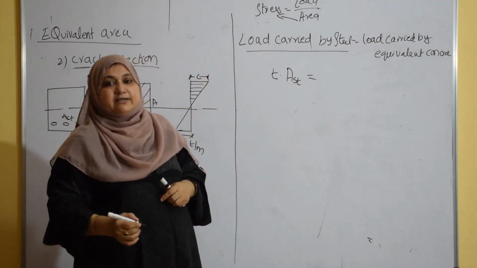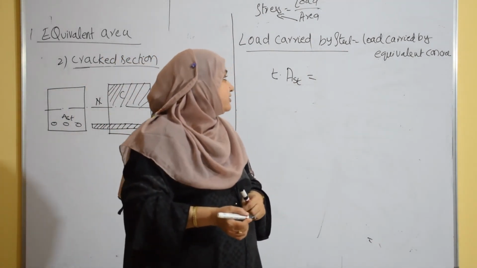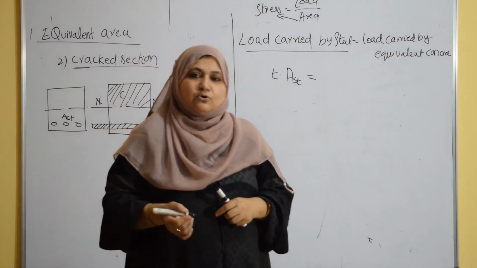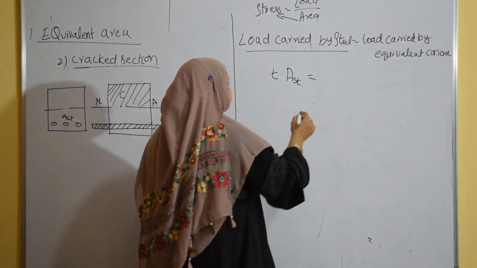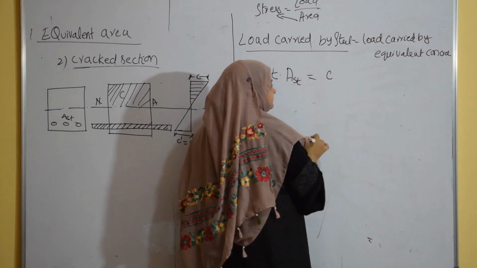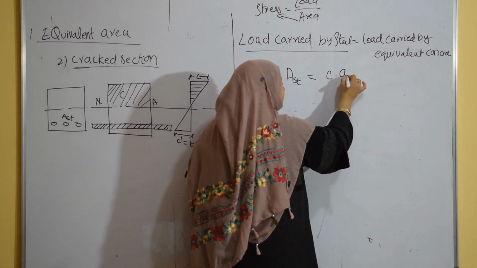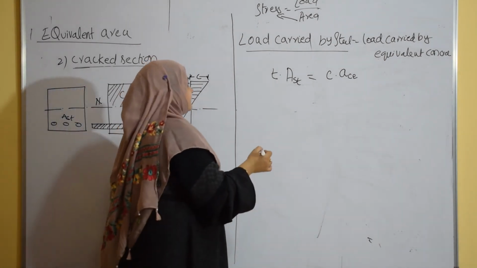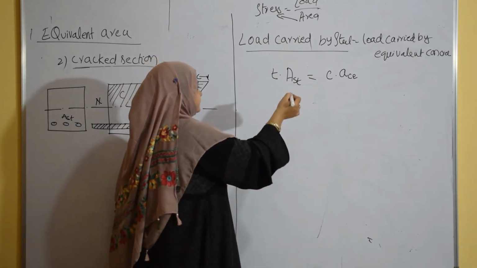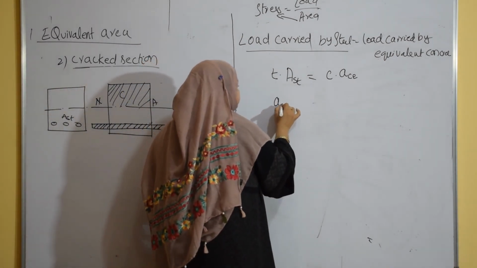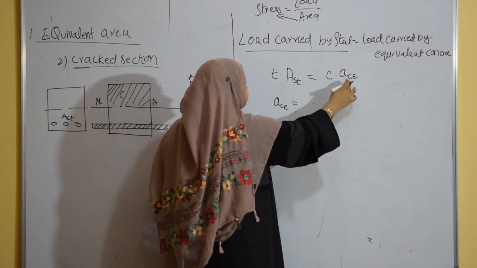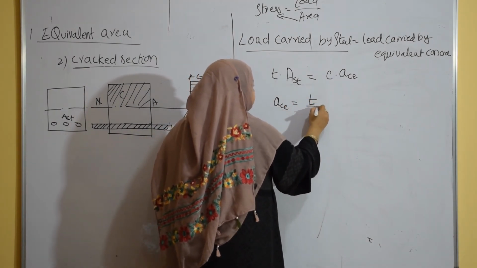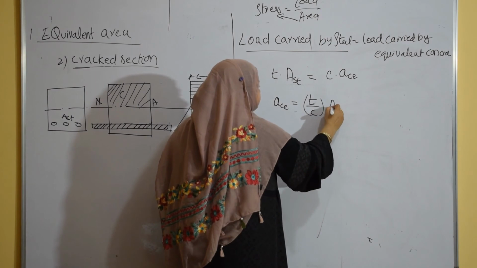In the same way, on the right hand side, the load carried by the equivalent concrete: the equivalent concrete stress is C, and the equivalent concrete area is represented by ACE. Now we want ACE. ACE is equal to T by C into AST.